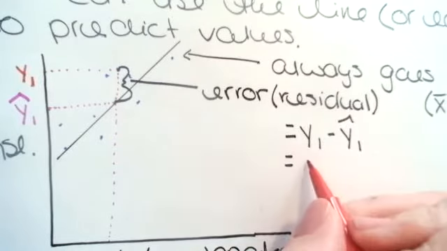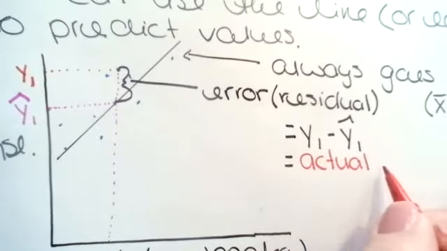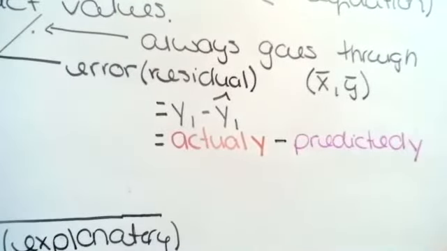It's my actual y, or we could say observed, minus the predicted y. Predicted just means it is from the line, okay?